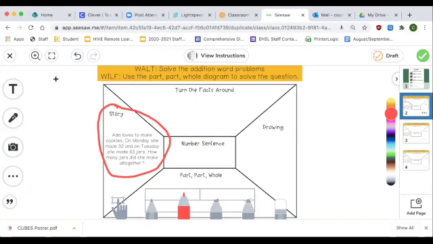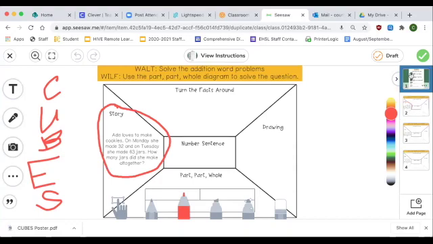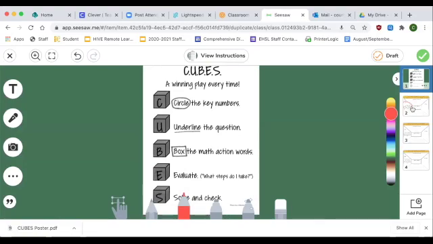This is where you're going to do your CUBE. And yes, I do want to see the drawings where you underline and circle and box the words and the numbers. That's why I gave you slide 1 to remember how to do this.